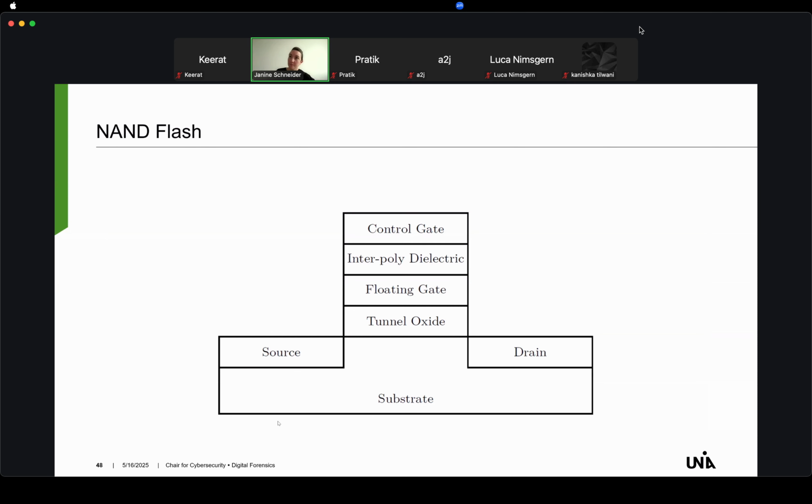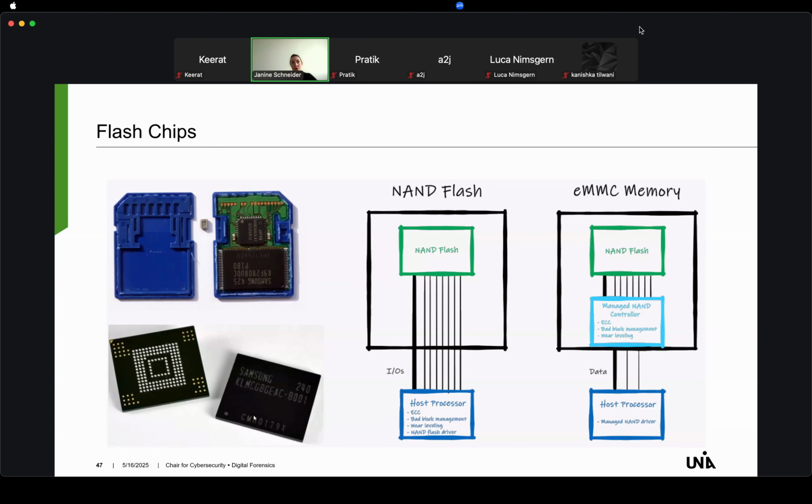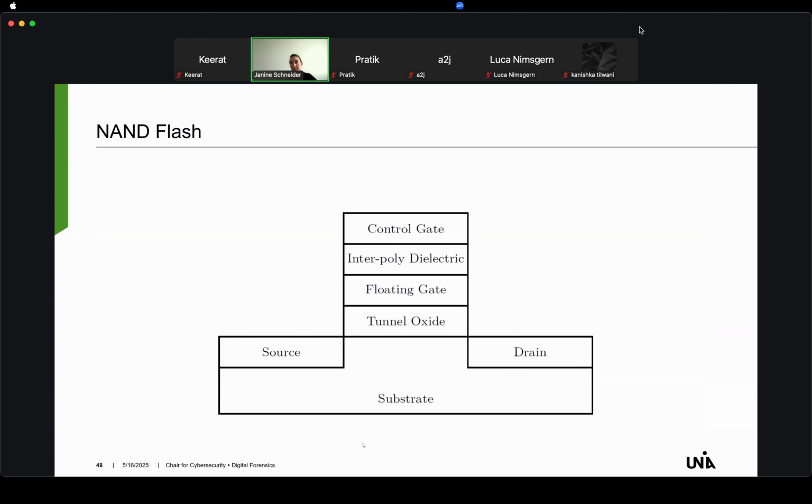Okay, now let's have a very brief look at NAND flash cells. We talked about cells a couple of times today. What is it actually? NAND flash chips consist of several NAND flash cells, and here you can see a very simplified illustration of a NAND flash cell.